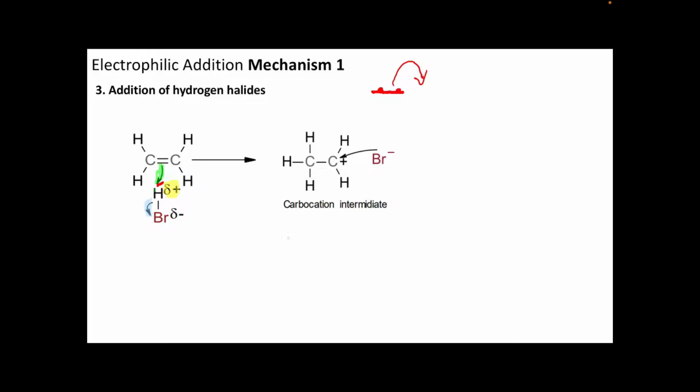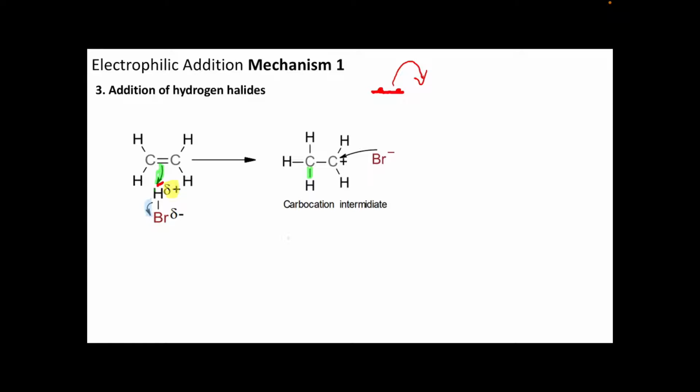And if you remember, carbocation is a species, a molecule, which has a positively charged carbon. That carbon is now electron deficient. And we can see the bond that has formed between one of the carbons and the hydrogen from the hydrogen bromide.